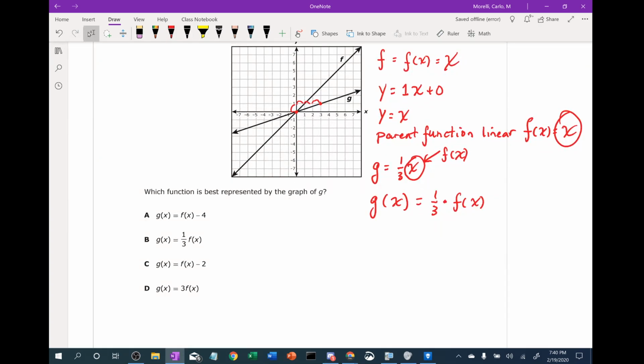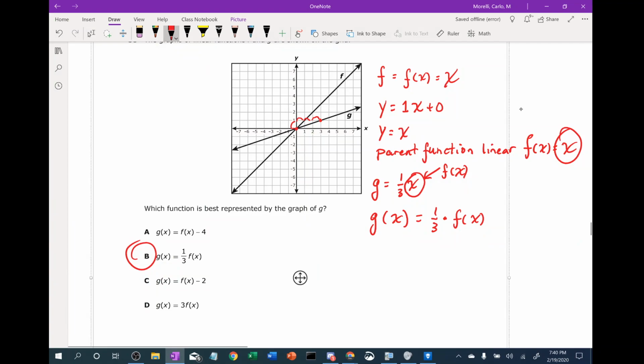So we go through our answer choices here, and we see B matches that. I would call this a hard one. I would have marked that for review if I wasn't comfortable with parent functions, and come back to it later. But the key on this one was to check the slopes. Again, it was a fairly difficult question. Good job on that.